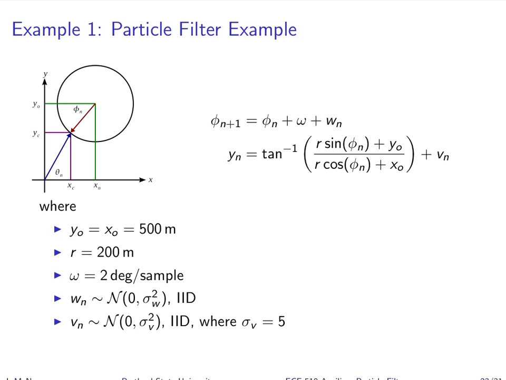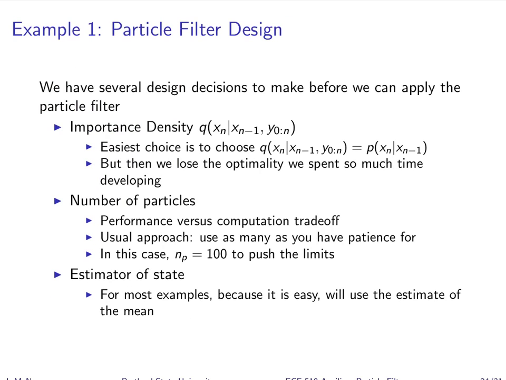So once again, the application that you're familiar with, I didn't want to mix up because you're familiar with this process model and you know what the posterior looks like. So design decisions, for the importance density, I went easy. I chose the prior.